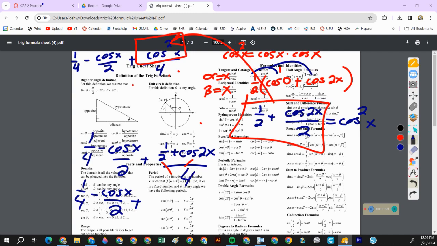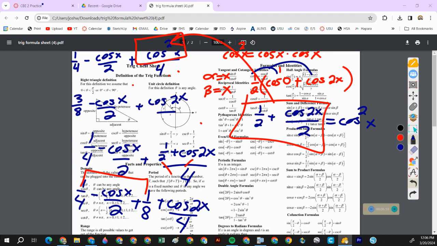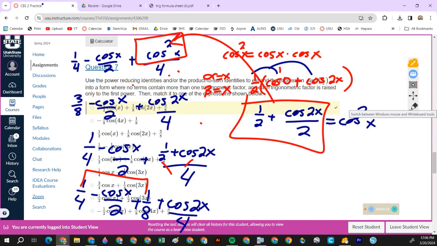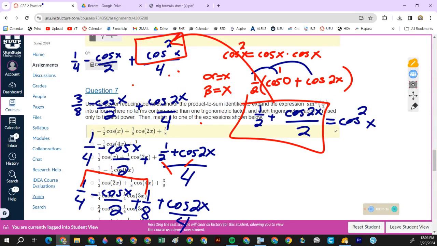Sorry, this is a 4. So plus 1/8 plus the cosine of 2x over 4. These combine to be 3/8. So 3/8 minus the cosine of x over 2 plus the cosine of 2x over 4. And if we look back at our problem, that's the answer.